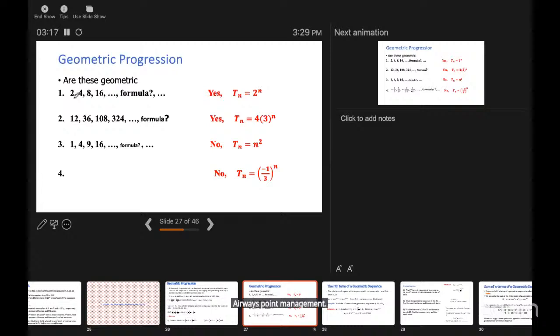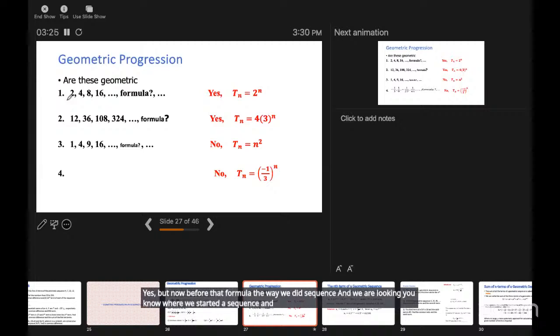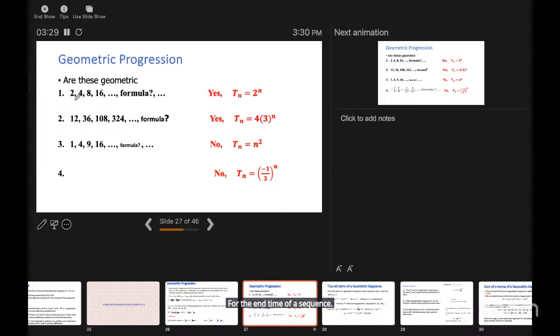Yes, but before that formula, the way we did sequence, when we started a sequence and the general formula for the nth term of a sequence, 2n. So you can use that formula, AR raised to power n. This is what you will have.